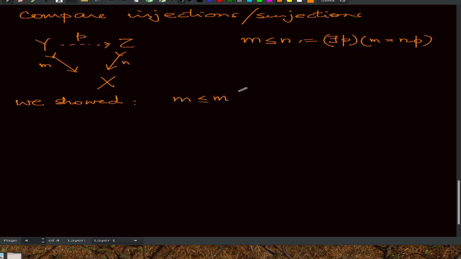That means this always happens. When M and N are the same, you take P to be the identity. You just compose these maps, okay? But it was not antisymmetric. Why?